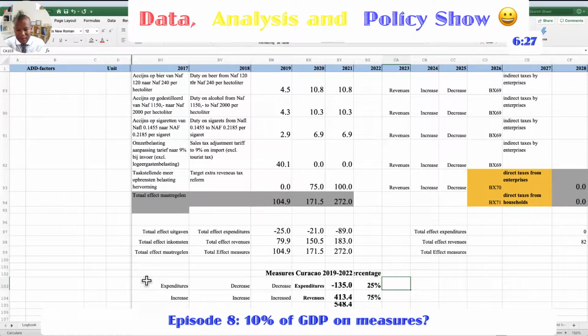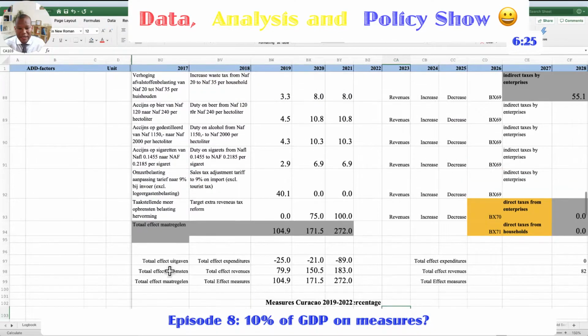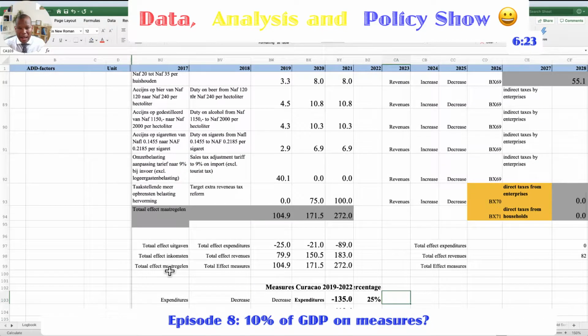So what do you see here? You see here the total measures.